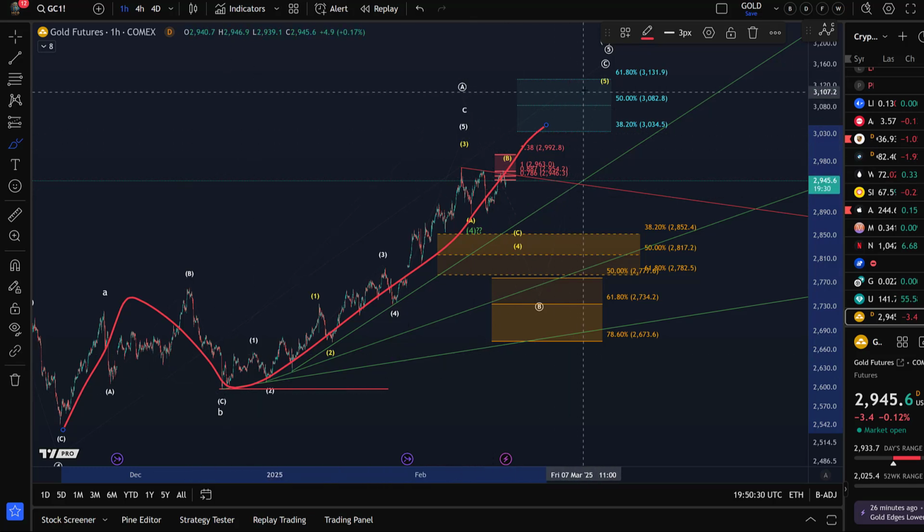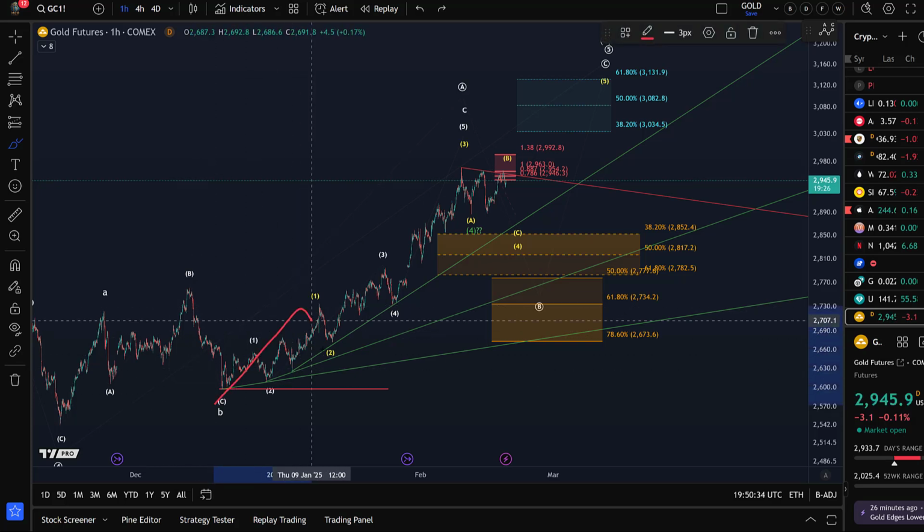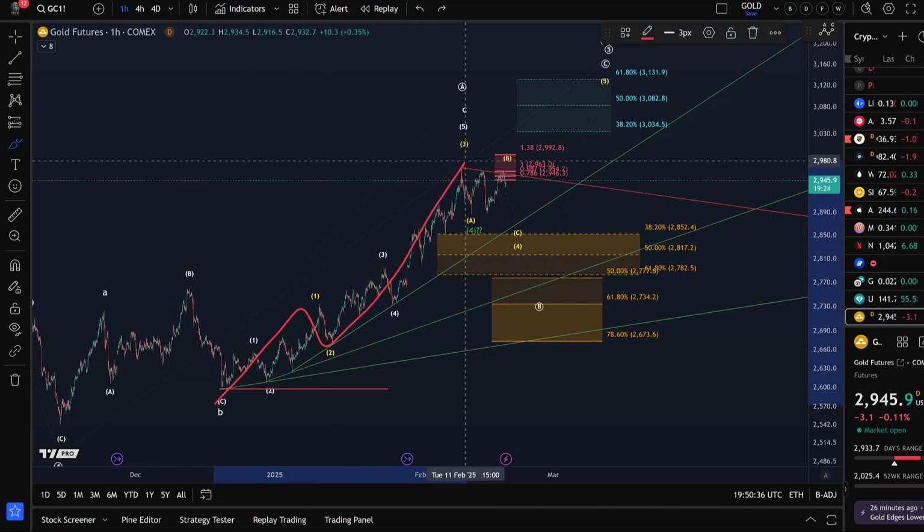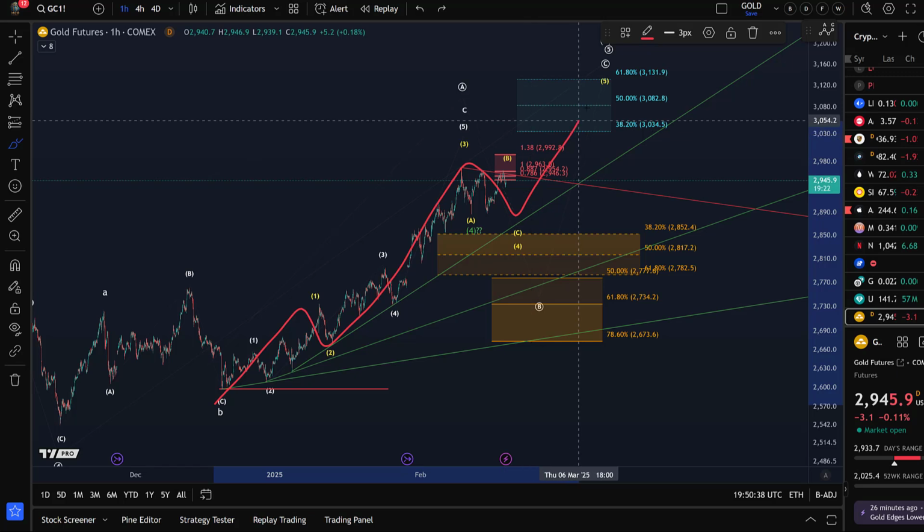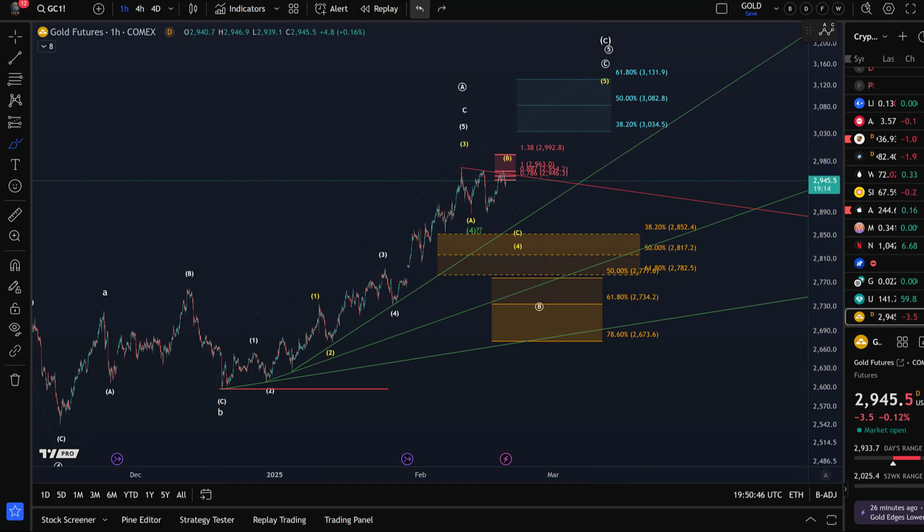or let's say the C wave is extending, and all we would need now in the C wave is this. 1, 2, already done. Third wave, done. We're now in the fourth and get one more high in wave 5, possibly towards $3,034 to $3,082 next. Okay, so yellow is preferred. For the yellow count, we're actually dealing with 2,780 to 2,850 support.